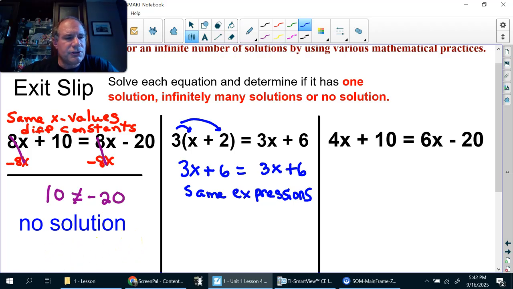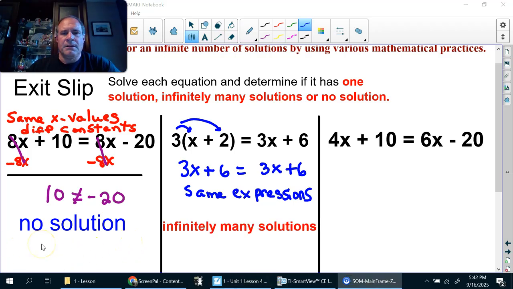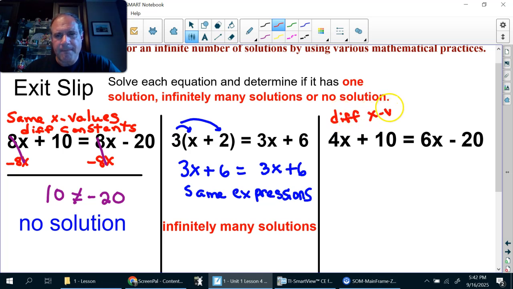Infinitely many solutions. And there it is. So we know that this has the different x's. And that means one solution.